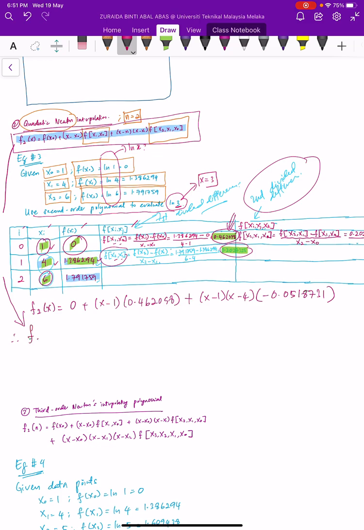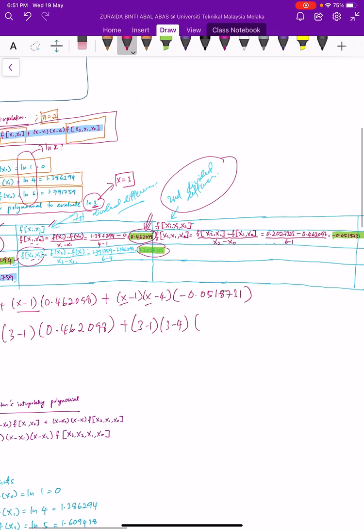With that, you can evaluate ln 3 by simply replacing x with 3. So you will get 0 plus 3 minus 1, I'll just copy this here, then 3 minus 4, multiplied by minus 0.0518731.